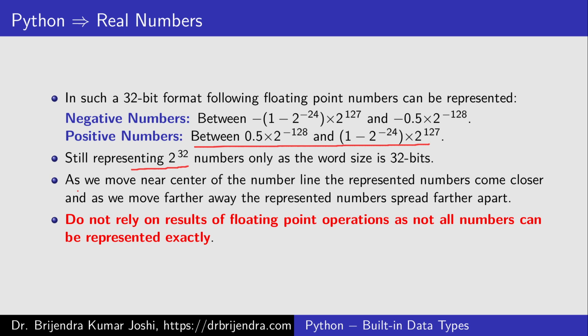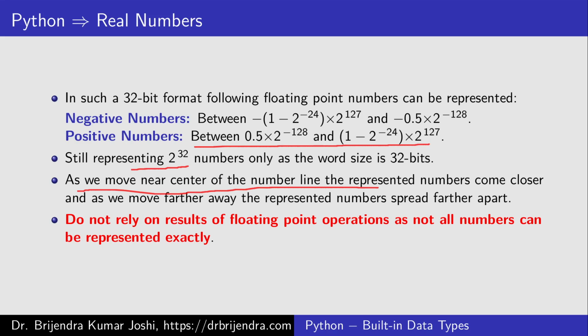There is a property. As we move near the center of the number line, the represented numbers come closer. And as we move farther away, the represented numbers spread farther apart. What does this mean? This means when you want to represent those numbers which are near to 0, that is the center, those numbers would be represented exactly.